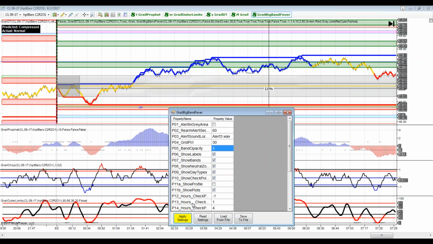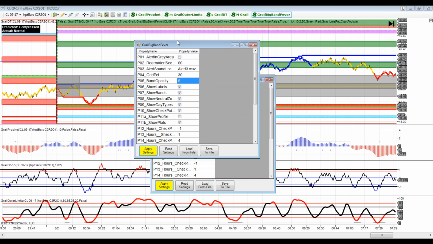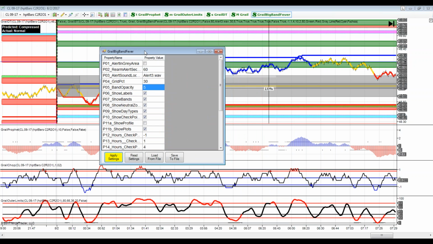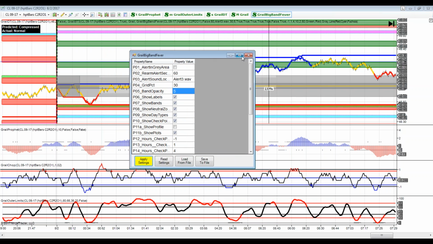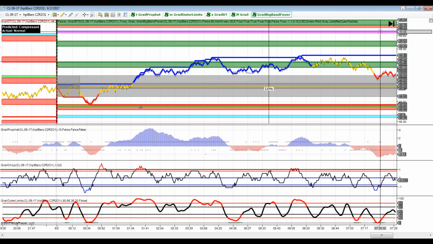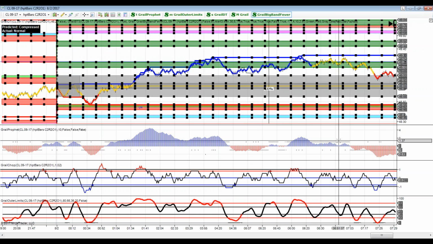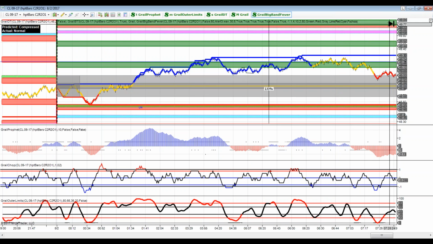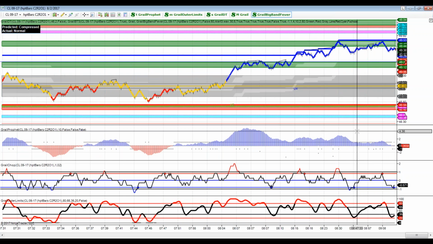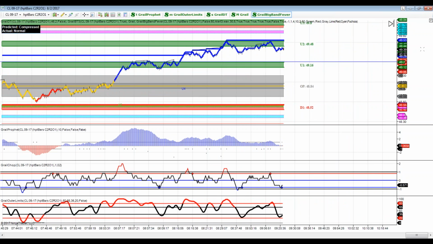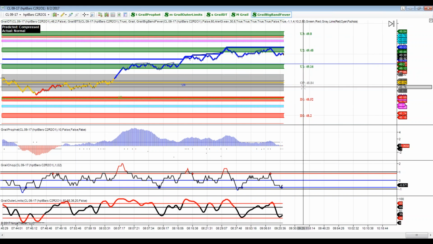And just like I did everything else, you can hide or keep things. So if I don't want to show the labels, let me show what I mean by that. Okay, these are the labels. In other words, here's your OP, that's the opening price.